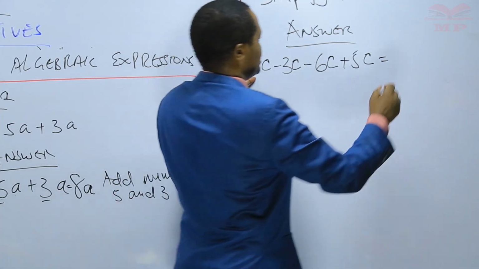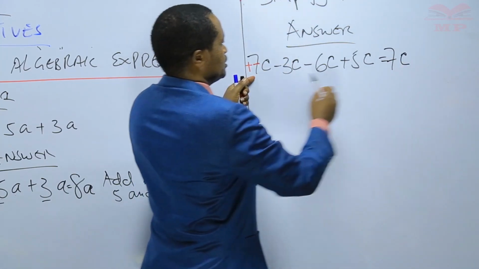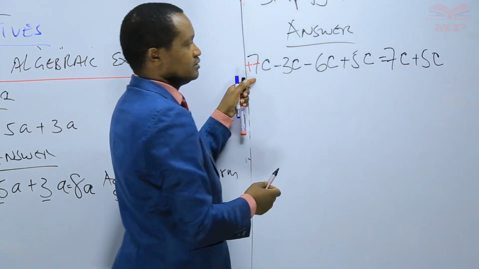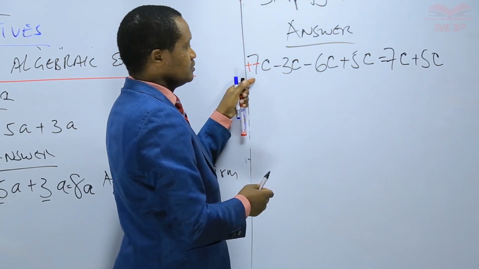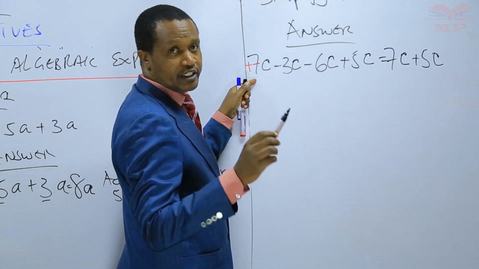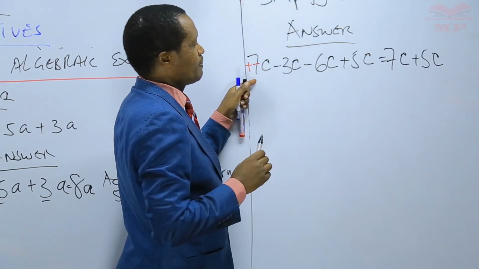So we'll add 7c plus 5c. Just rearranging the terms depending on the sign before the term.